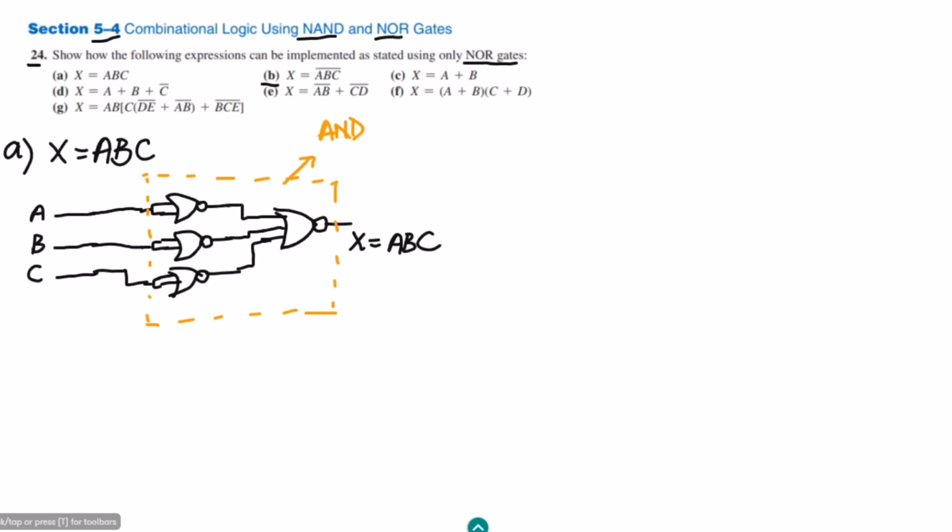Similarly, in part B, what do we have? Let me write that we have x equal to ABC whole complement. So what do we have to do? We have to implement the same AND gate here. Again we would have A, B, C as the input lines.